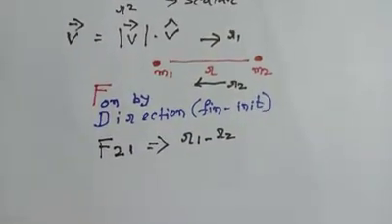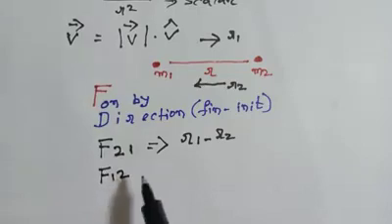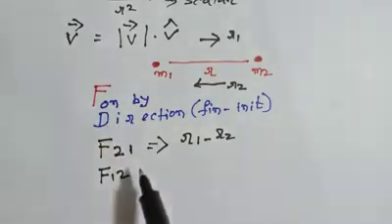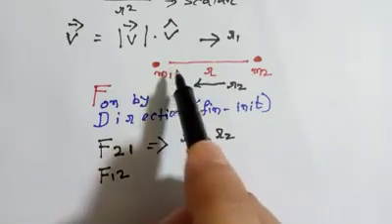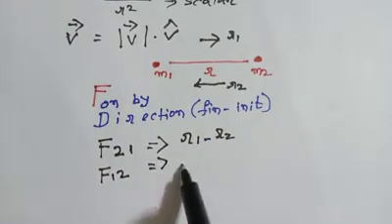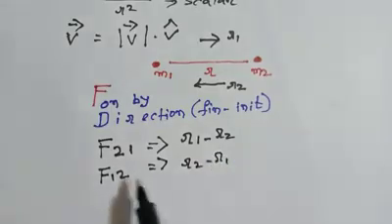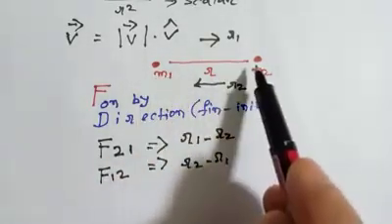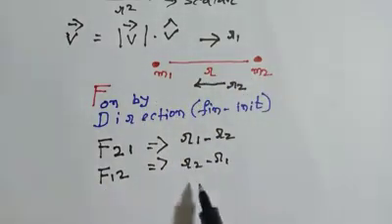In the same way, when we write F12, that means the force on and by, remember this part, on and by: force acting on 1, which will be pulled by body 2. In that case, we can write the direction as R2 minus R1. Force acting on body 1, pulled by body 2, that means the direction will be R2 minus R1.